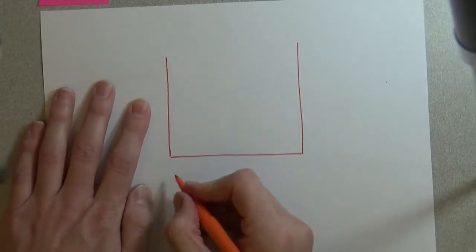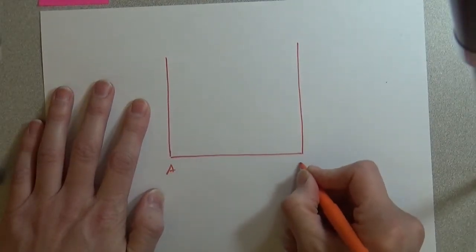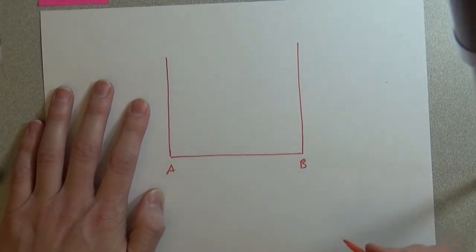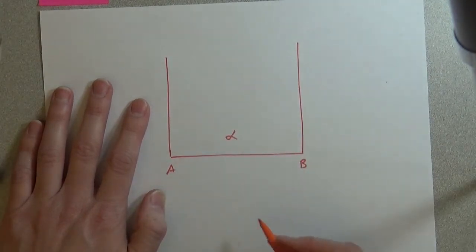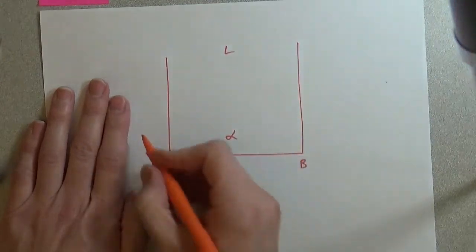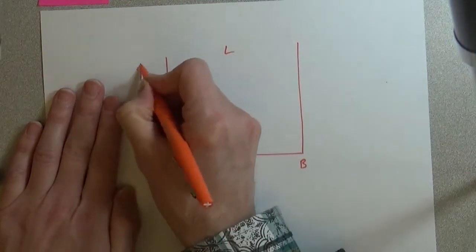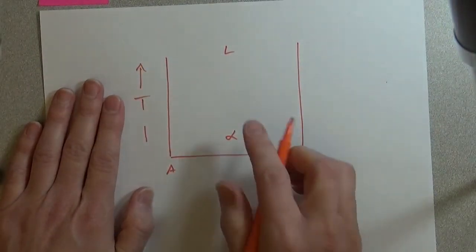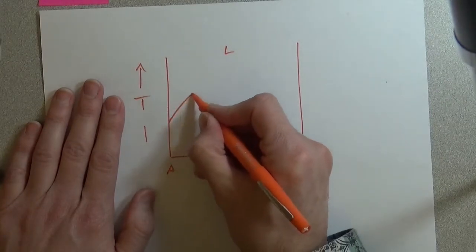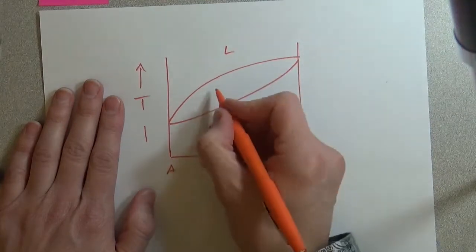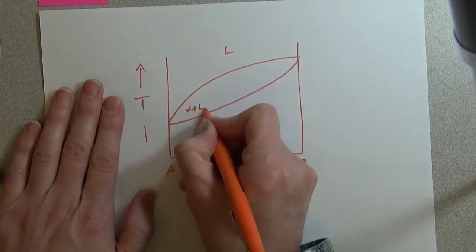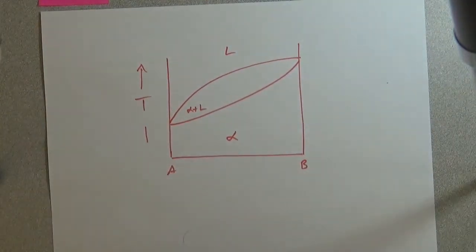So we've got constituent A, constituent B. Because it's isomorphic, they form a single phase alpha. And up here we have liquid, because this is a phase diagram as a function of temperature. And we'll have some map that looks like this, which is our alpha plus liquid region of the phase diagram.